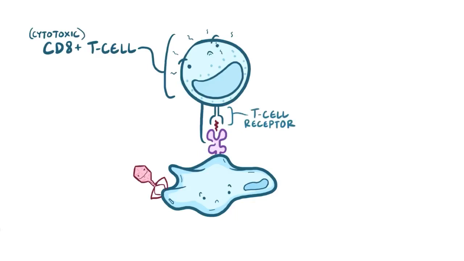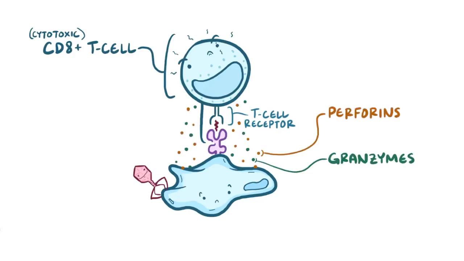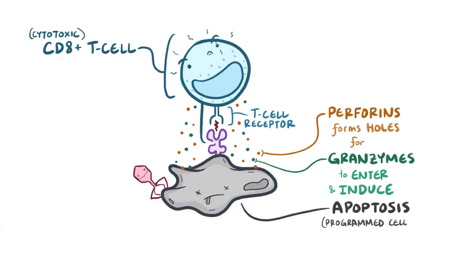If the cytotoxic T cell binds strongly, then the antigen is recognized as foreign, and the cytotoxic T cell secretes a whole lot of perforin and granzymes. Perforin forms big holes in the infected cell, and that allows granzymes to enter the cell. Once inside, the granzymes induce apoptosis, or programmed cell death.